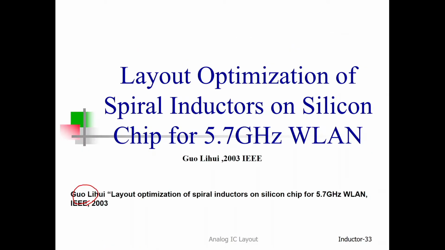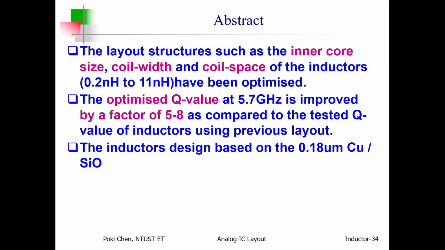What Mr. Guo would like to have? He would like to try how much the width for the coil, what is the opening in the middle, and how about the spacing between all those coil lines. For such kind of 3 parameters, he would like to do optimization to get the best Q factor. That's it.